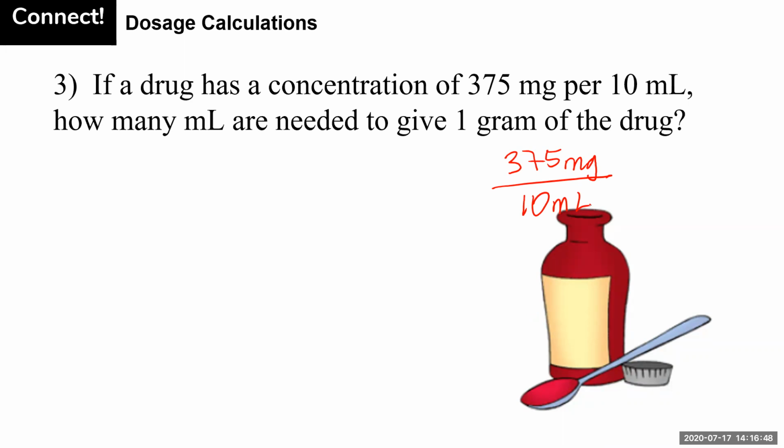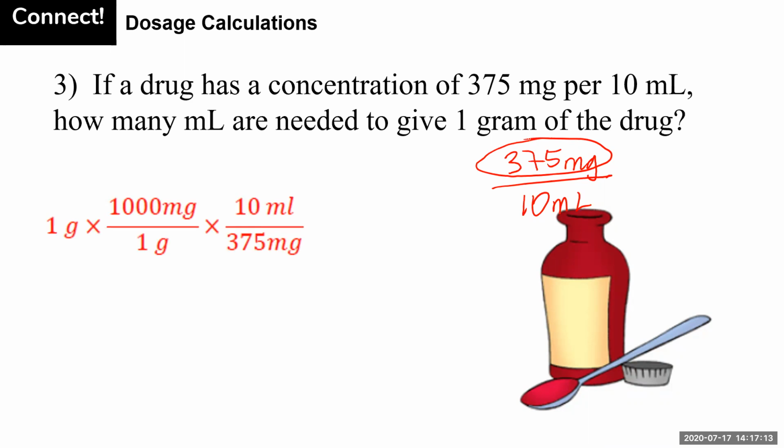Now we need a gram of that, so we have to change this milligrams into grams, right? You remember the second table, which will help you do that. Changing from milli to grams means we move to the left 3 times. We multiply by that, and that gives us 26.7 ml.